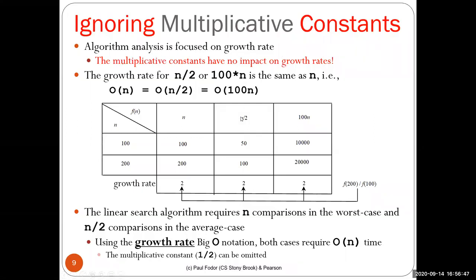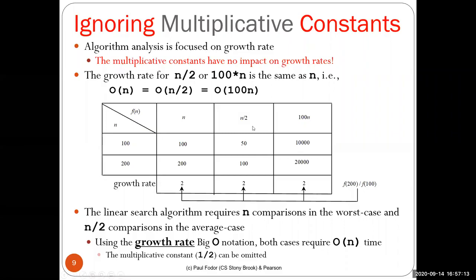Now let's consider some other algorithm, maybe a mirrored array where we only have to look at half of the elements. For 100 elements, in the worst case, it will take 50 comparisons. For 200 elements, since the array is mirrored, in the worst case it takes 100 comparisons. We only have to compare the first half.